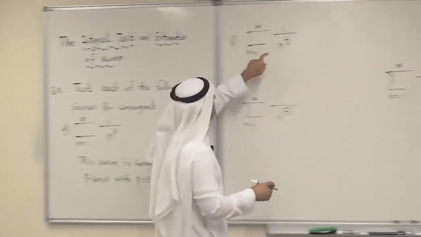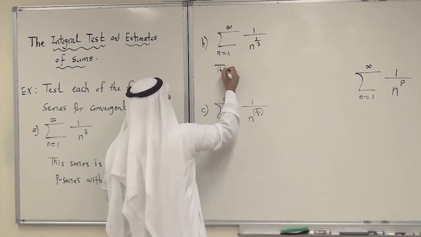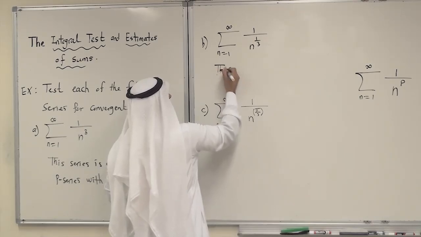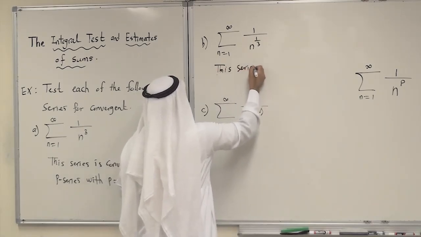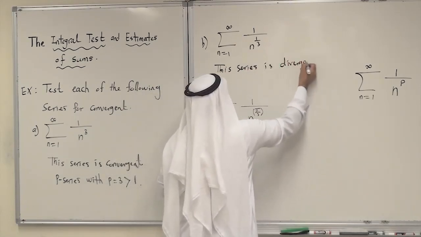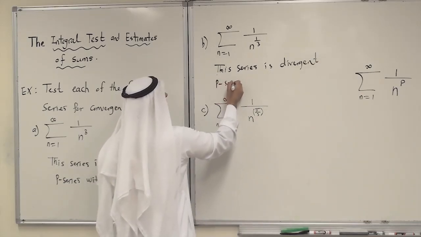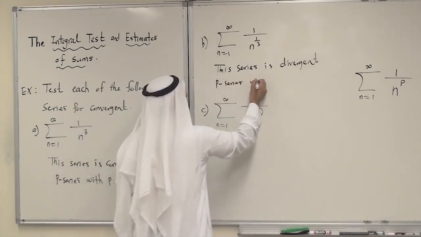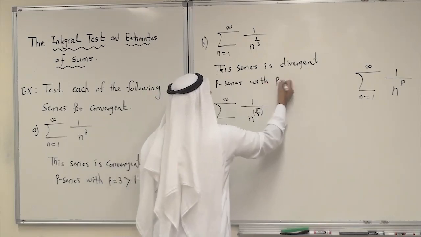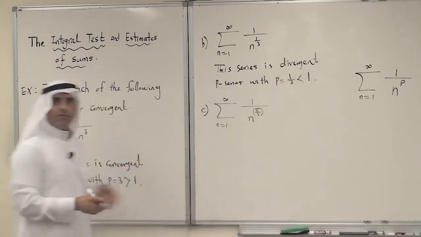Similarly, you can do this for the next one. This series is divergent. Why is it divergent? Again, the justification is that it is a P series with P equal to 1/3, and that is strictly less than 1, so it is divergent.